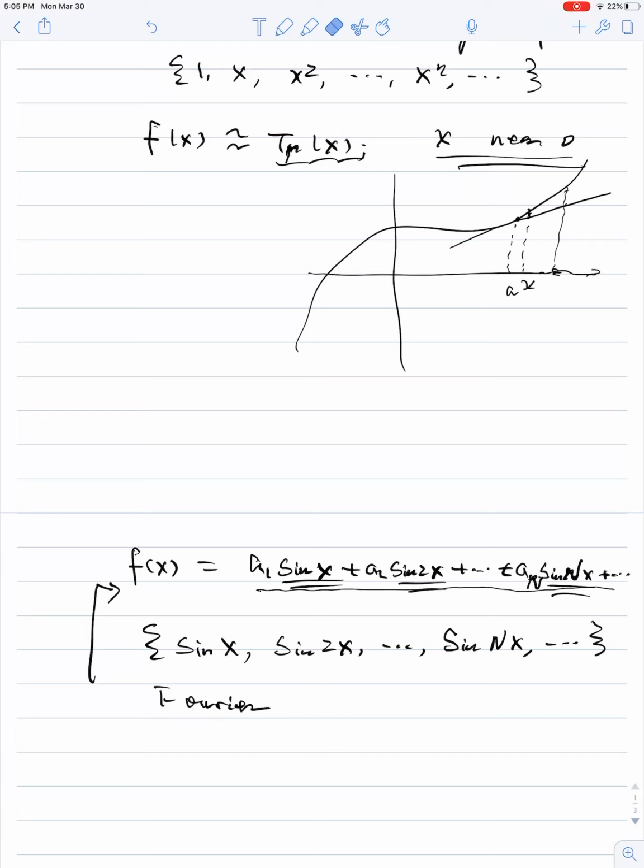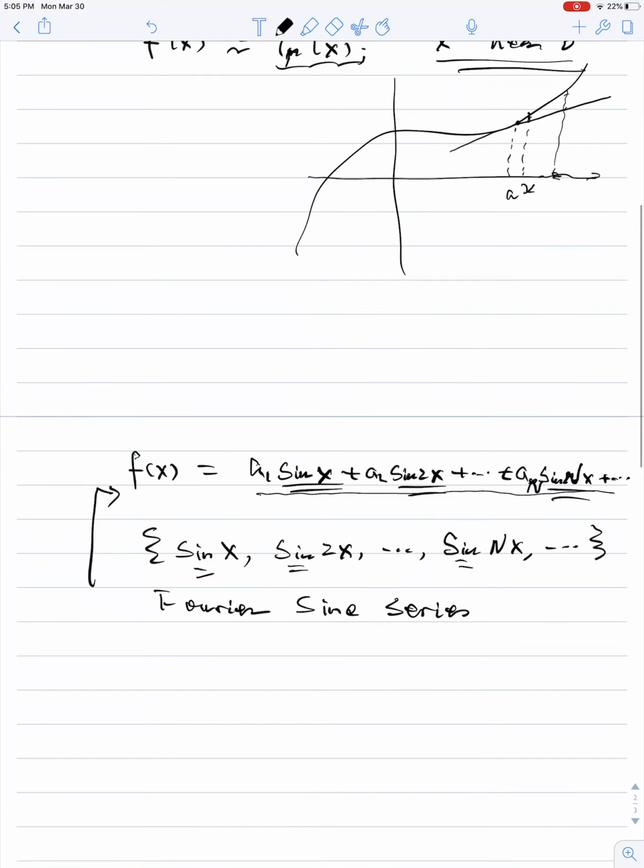Later on we will talk about Fourier series that involve both sine and cosine functions, but here we have only sine functions, so we call it the Fourier sine series, or Fourier sine expansion, for f(x) over the interval from 0 to pi.